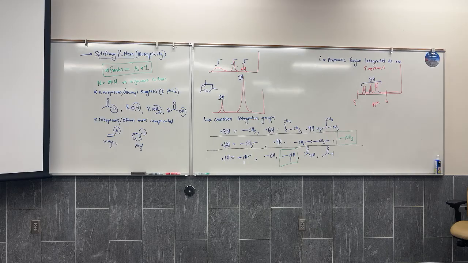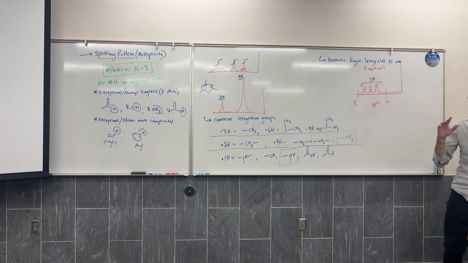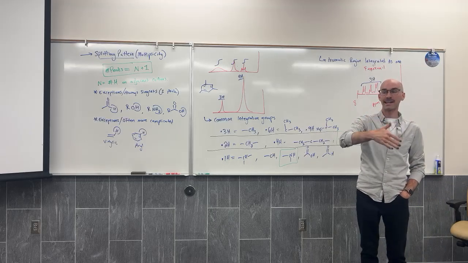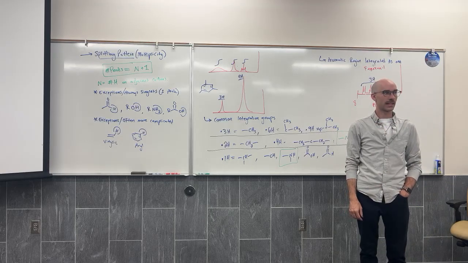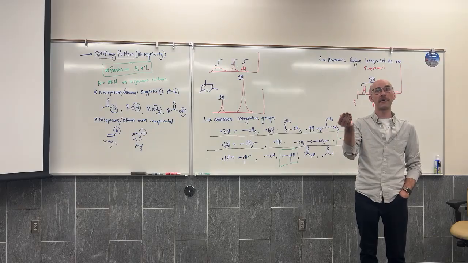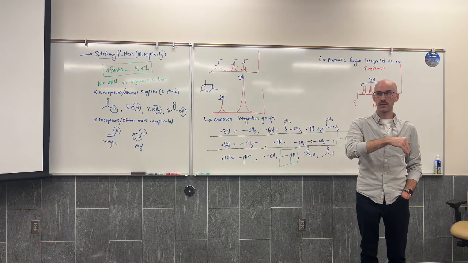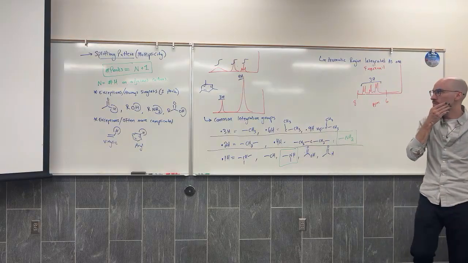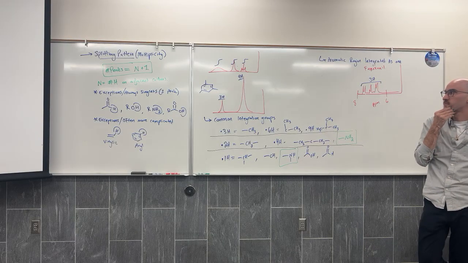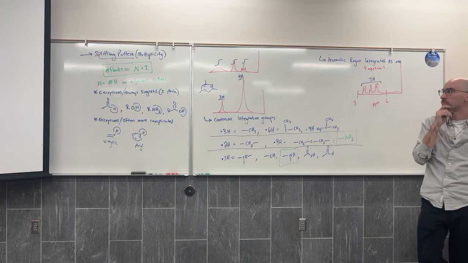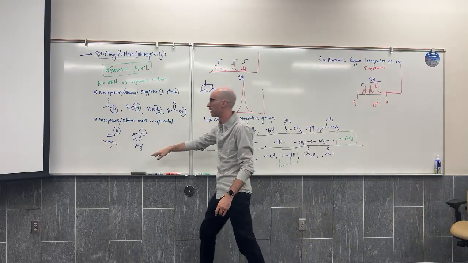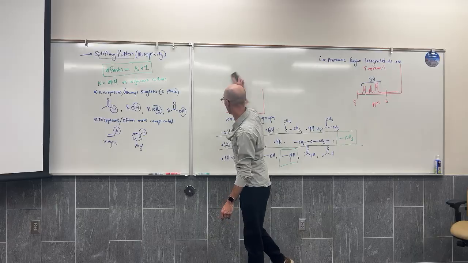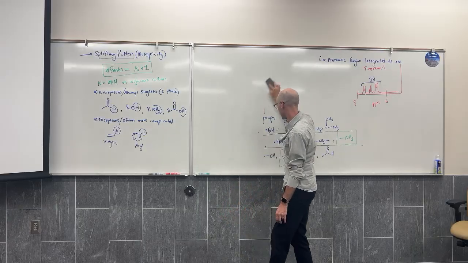But the signal has multiplicity. Now I know what the group next to it looks like. I can learn information about other groups from a signal. These are the exceptions where we can't really glean all of that information from them. So now I want to look at what it looks like.